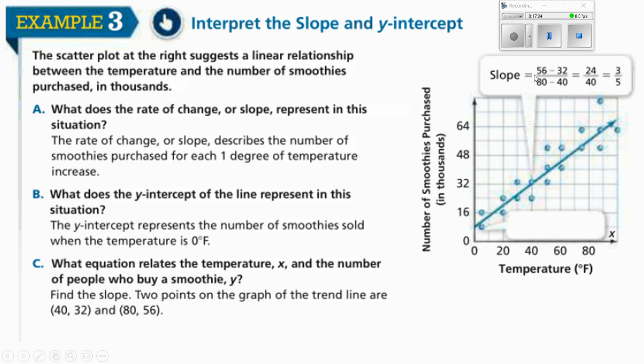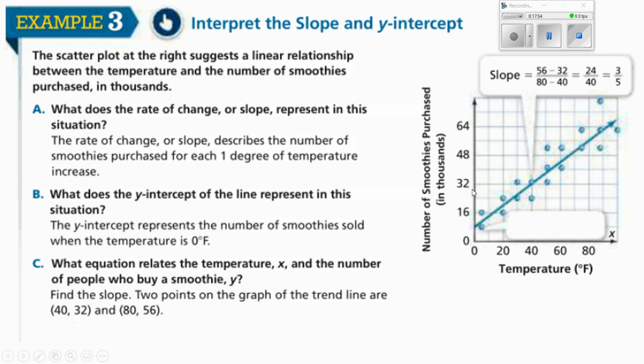So when I use my slope formula, 56 minus 32, remember, we're taking the y from our bigger one and minusing the y from our smaller one over our x from our bigger one minus our x from our smaller one. We get 24 over 40, which is 3 over 5, because I can divide both of these by 8. 24 divided by 8 is 3. 40 divided by 8 is 5.